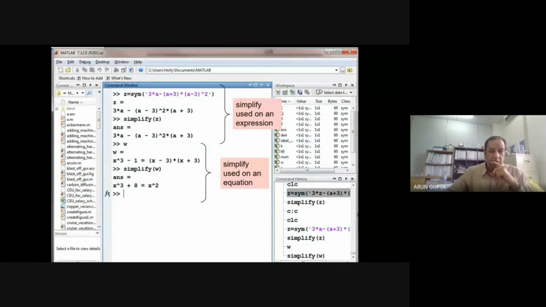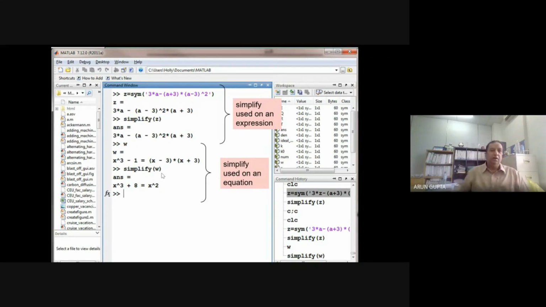Suppose we have written the equation z is equal to symbolic this, and then we write simplify z. Then Matlab will simplify the equation. In the same way, we have written the equation w, and then we can ask simplify.